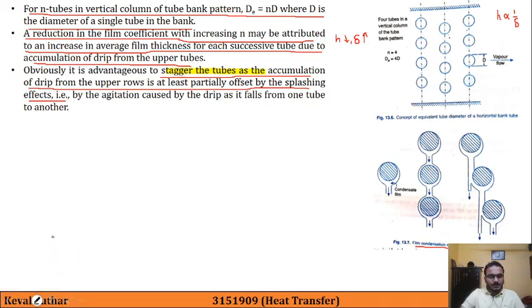If you see this figure, it shows the agitation caused by a drip as it falls from one tube to another. As you can see here, the tubes are continuously in the same position vertically, but here we have provided some offset.